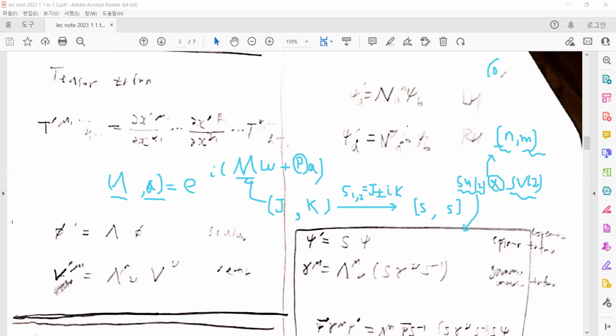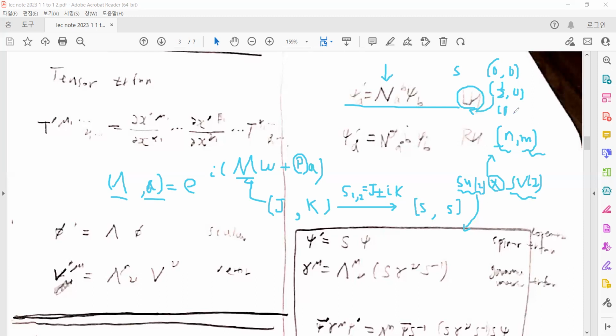For example, the (0,0) component corresponds to the scalar, and the (1/2, 0) representation corresponds to the left-handed spinor, which transforms like that, where R is defined in terms of the Pauli matrices.